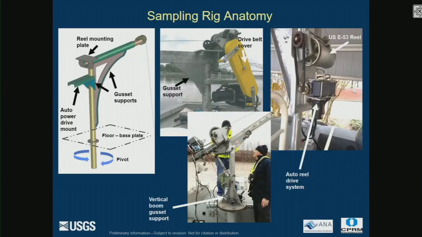Here's another gusset. This is actually a cover for the drive belts to keep fingers out of those belts while they're moving. This is the one we have in Mississippi. It was kind of a hybrid, but as you can see, this is the entire drive unit and the E-reel, the USGS E-reel. It was designed in 1953 and is still used today.